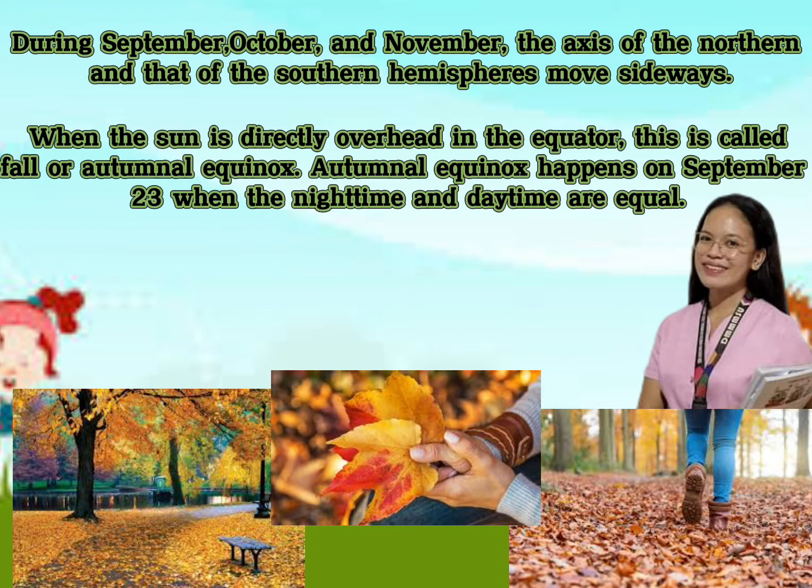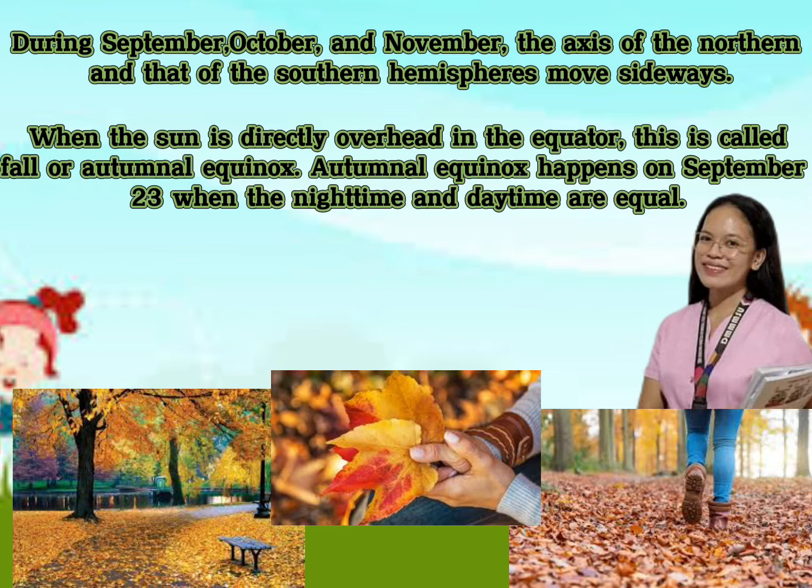Now, as the Earth moves, summer turns to autumn or fall. During September, October, and November, the axis of the northern and that of the southern hemispheres moves sideways. In this period, both hemispheres receive not too much nor too little energy from the sun.